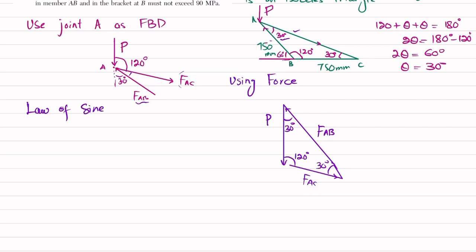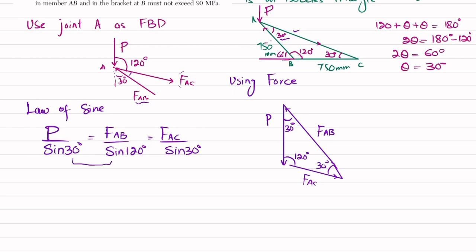What the law of sine says is that P divided by sine of 30 will be equal to FAB divided by sine of 120, or FAC divided by sine of 30. So I will write P divided by sine of 30 degree equal to FAB over sine 120 degree, or also equal to FAC over sine of 30 degree.